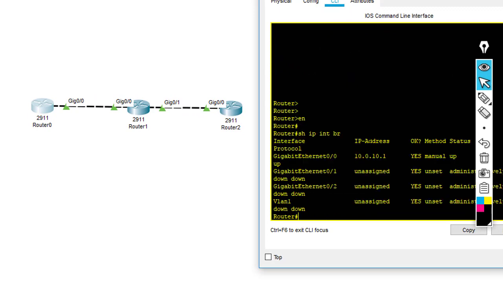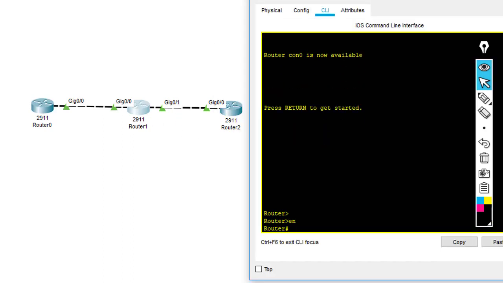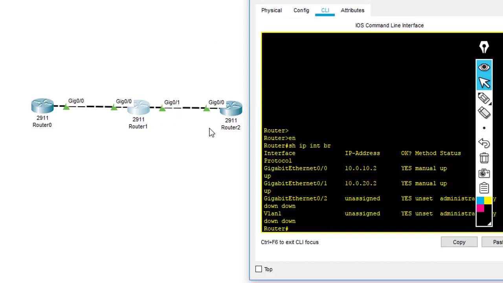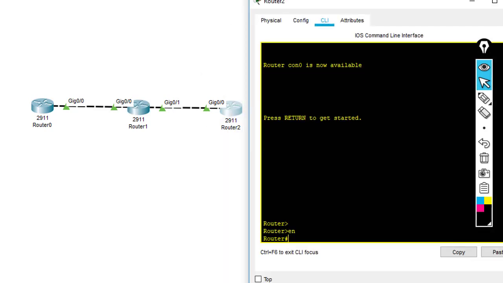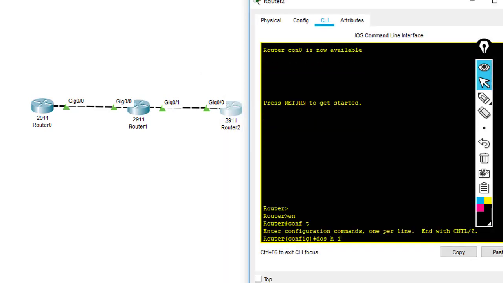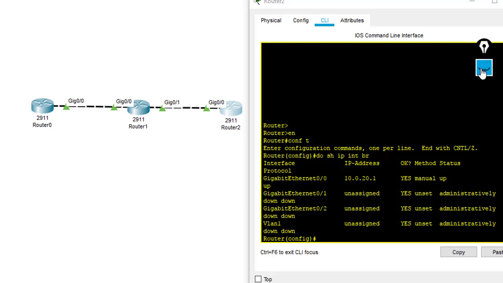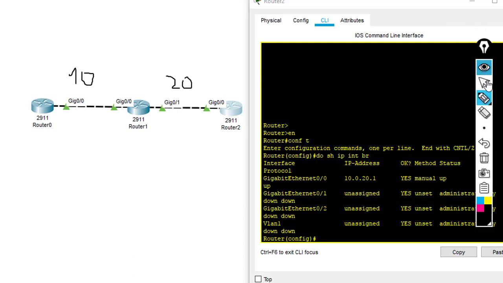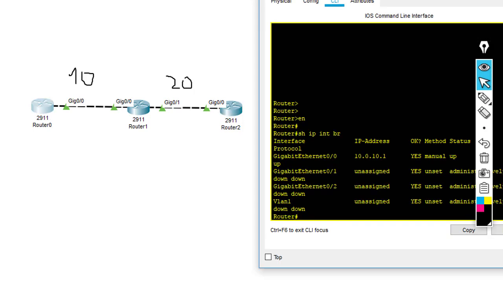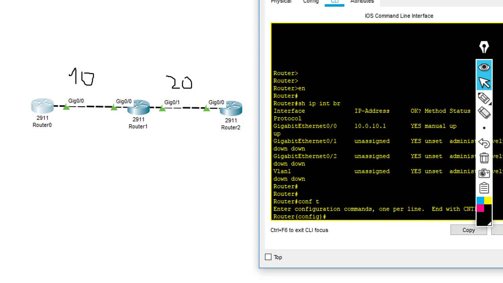You can see that the GigabitEthernet 0/0 already has the IP address 10.0.10.1, and the middle router has two interfaces, and the last router has 10.0.20.1. So this one is the 10 network, and this one is the 20 network here.